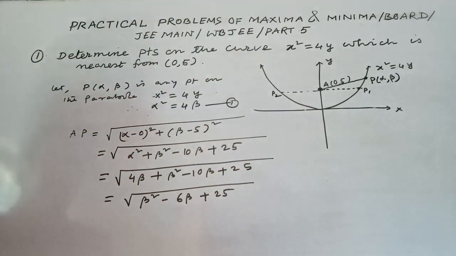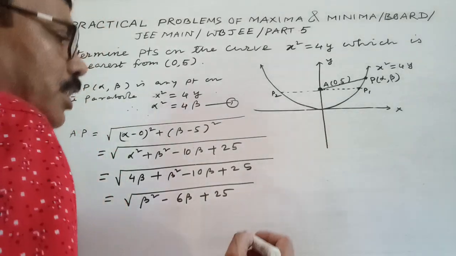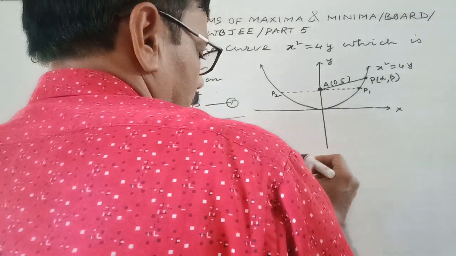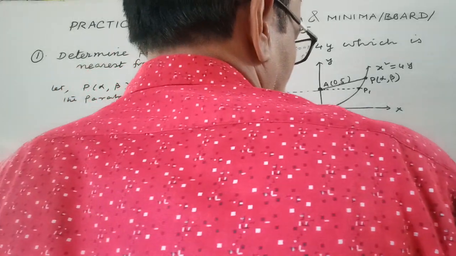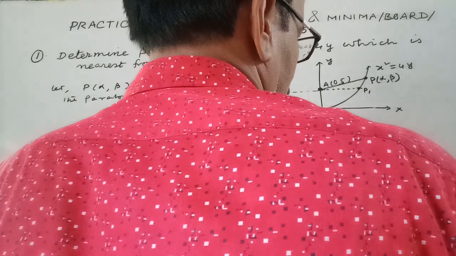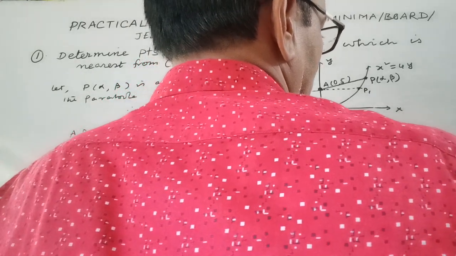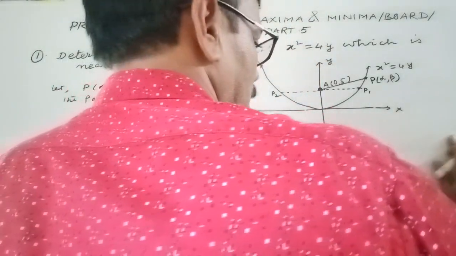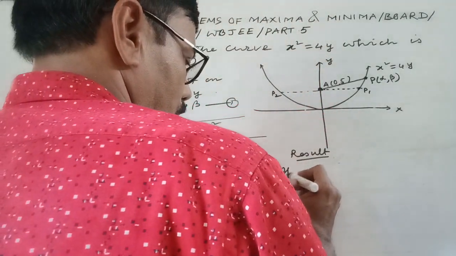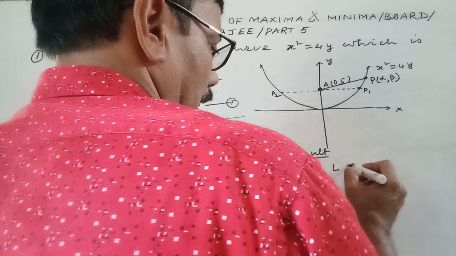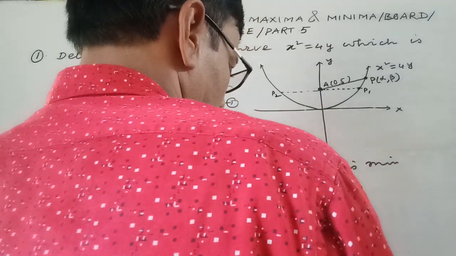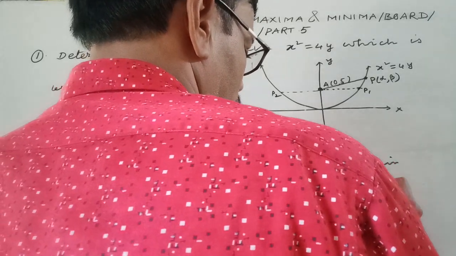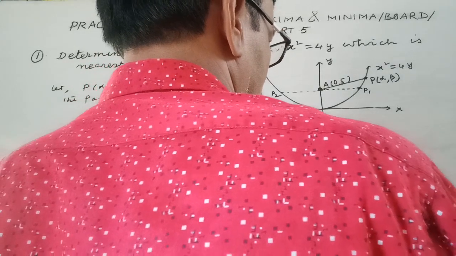Now, to avoid the root, there is a result. What is our result? If distance L is minimum or maximum, then L square is also minimum or maximum at that same point.